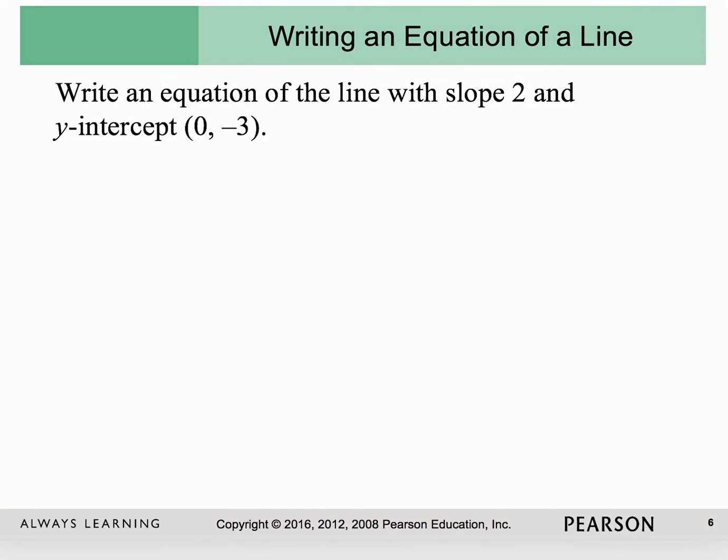Notice now, it's not telling me to graph anything. It's saying write the equation of the line. To write the equation of the line, any line, I have to have a slope and a point. So I've got a slope and I've got a point. Okay. If the point it gives me is the y-intercept, oh, I'm set, because here's one of my forms for an equation of the line, and actually that's the way we're going to leave all our answers.